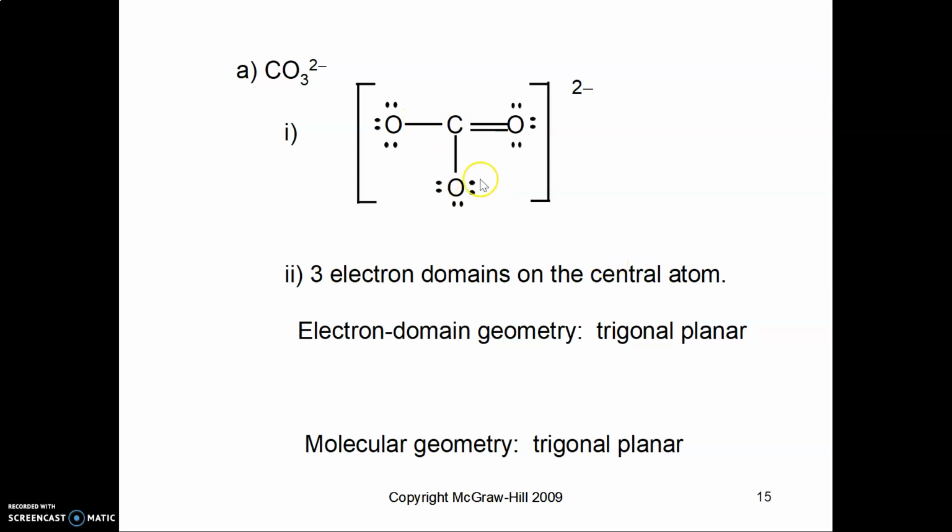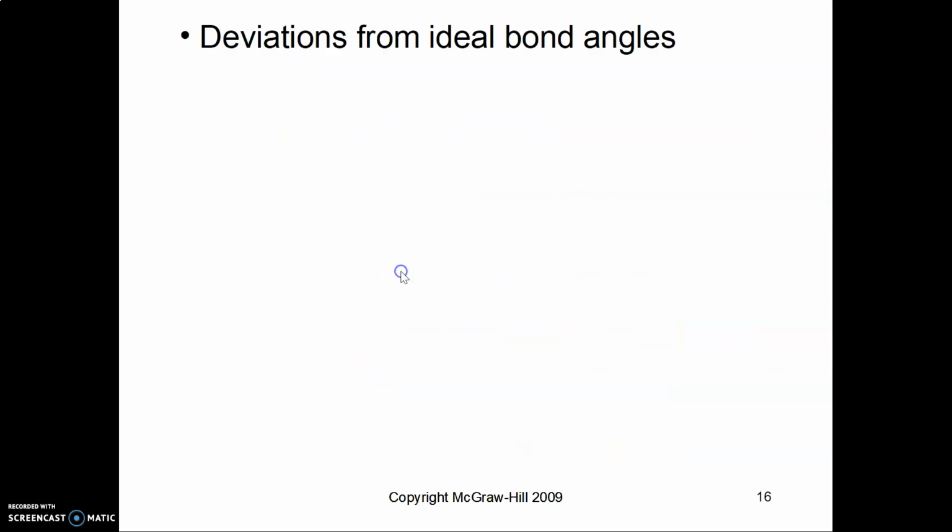All right. So we have 1, 2, 3 domains. And so trigonal planar and trigonal planar. Our electron geometry and molecular geometries both match in this particular case. All right. So hopefully you did those examples and no lone pairs. Okay.